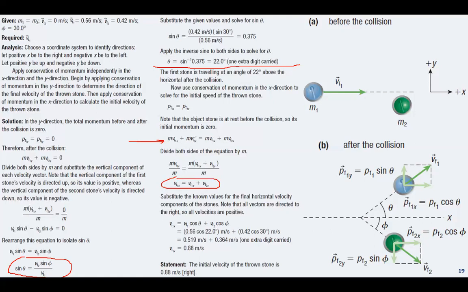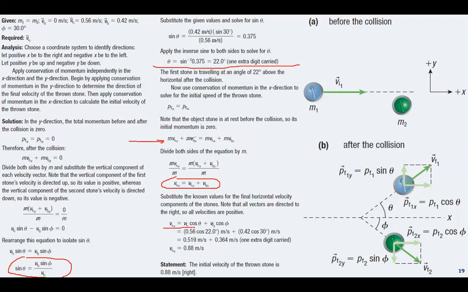Then we can substitute the known values for the final horizontal velocity components of the stone. Note that all vectors are directed to the right, so all velocities are positive. Then we have vi1x equals vf1 times cosine theta plus vf2 times cosine phi.